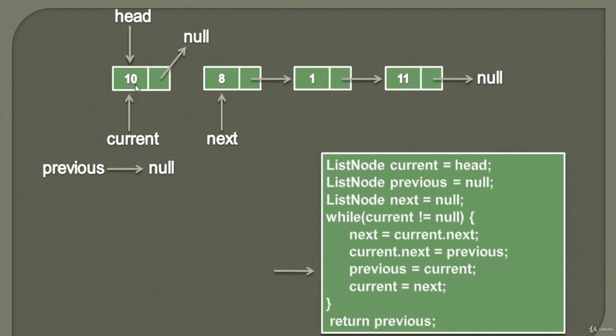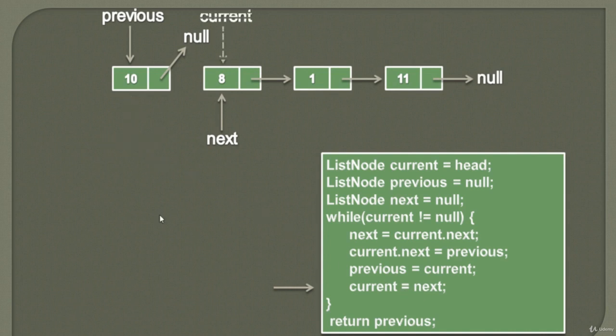So it will be the first node. So it will become something like this. Moving ahead, and then simply to current we'll assign the value which is in the next. So after the first iteration, if I rearrange these nodes, it would look something like this. So this is the condition with the first while loop.